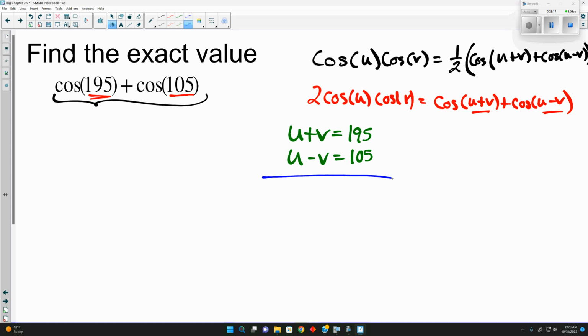Or we can use elimination. I can add these together. And if we add these together, U plus U is 2U. V plus negative V is 0. And if we add 195 and 105, we get 300.